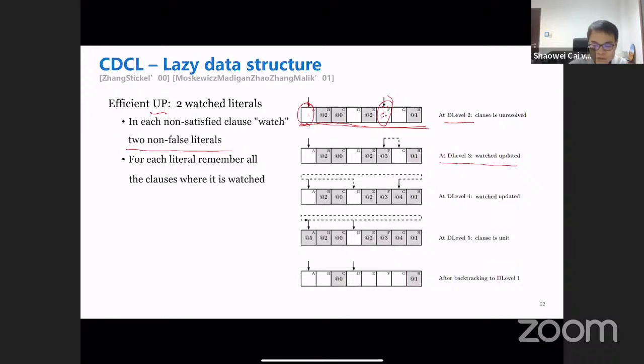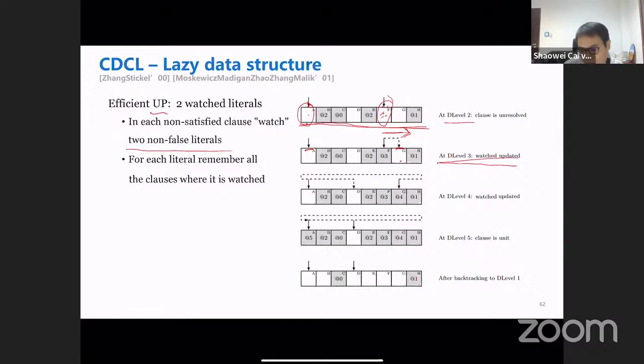Then we need to pick another literal for watching. The way is to check backward. It scans backwards to find a new literal to watch the clause. And we quickly find that this literal G can be set as a watcher. So at this step, the two watchers become A and G.